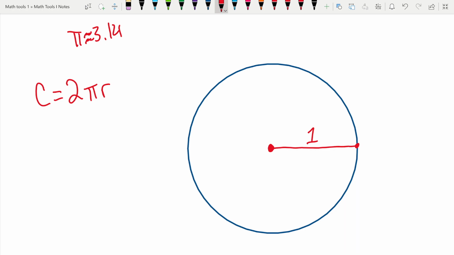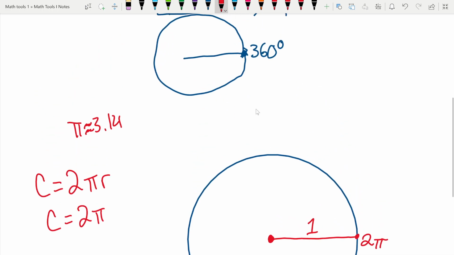So the radius here is 1, so the circumference is 2 pi. Okay. So if we travel around this entire circle, the whole thing, we would travel 2 pi. And that was basically the same way we were measuring degrees.